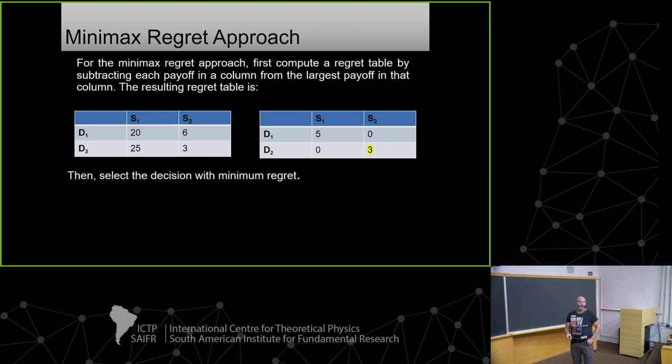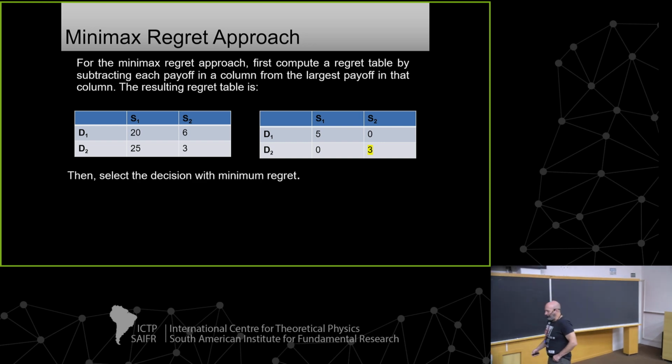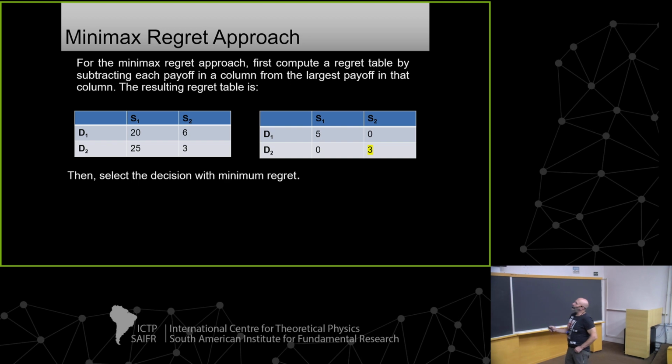Yes. So in this minimax regret approach, you will never choose a maximum utility. No, you will not. I mean, what you do is to make a choice. It's not that you will not choose this one, because at the end you are choosing D2.